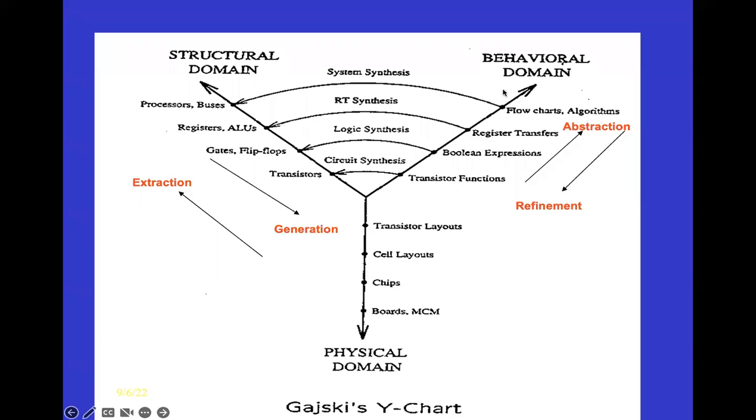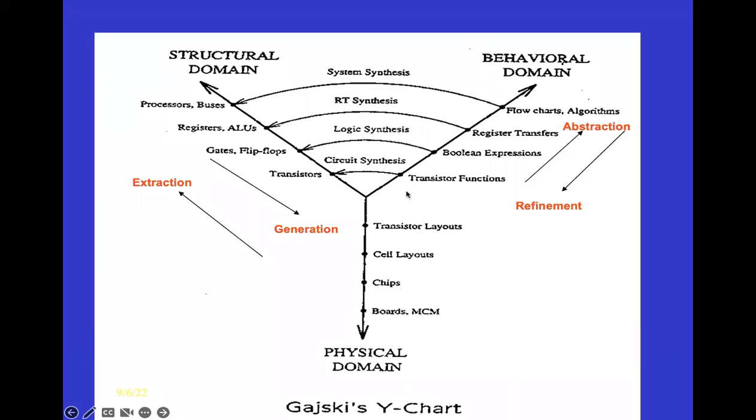So something that covers between behavioral and structural is system synthesis, okay, and logical synthesis, circuit synthesis. Okay, something that comes in between structural and physical domain: transistors, gates, flip-flops, registers, ALU, processors, bus.